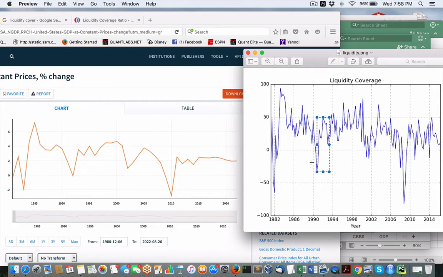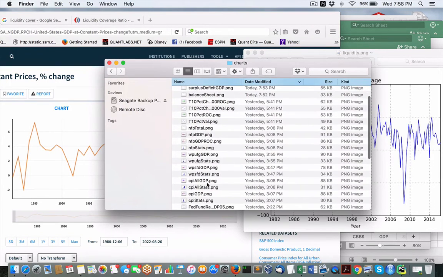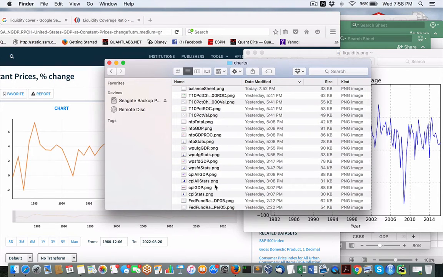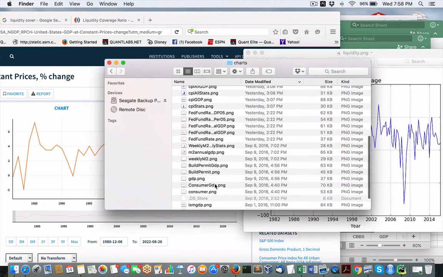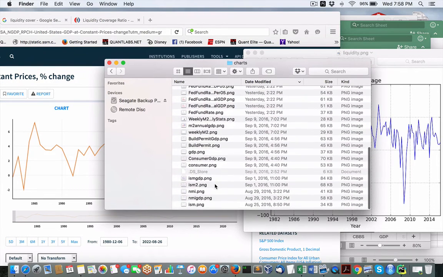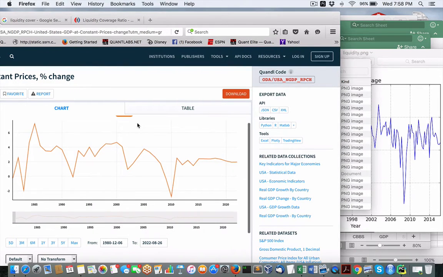And I'm sure if I pulled up the debt levels, it would show that. Maybe I should do that. Let's see. Where is my debt level? Let me see here.